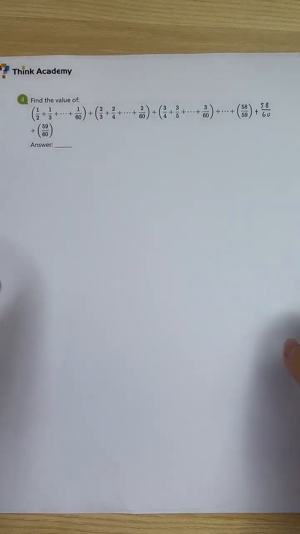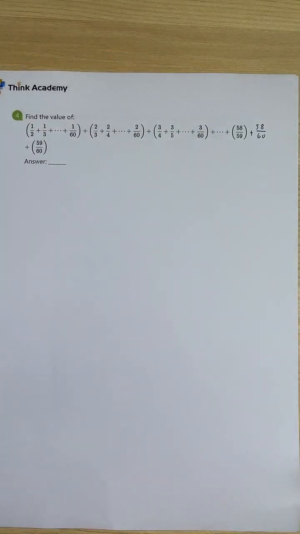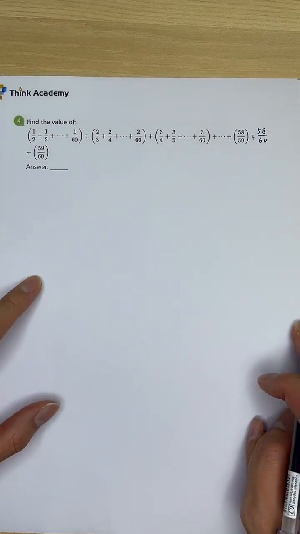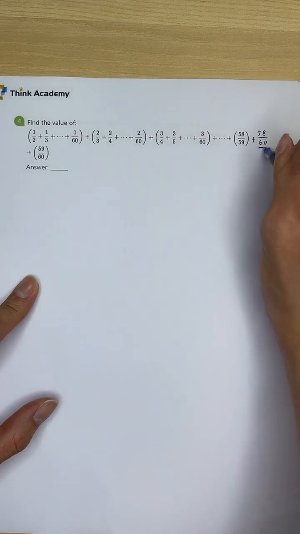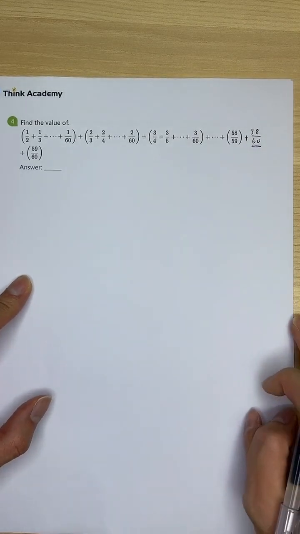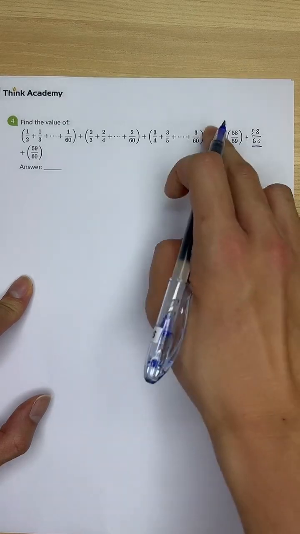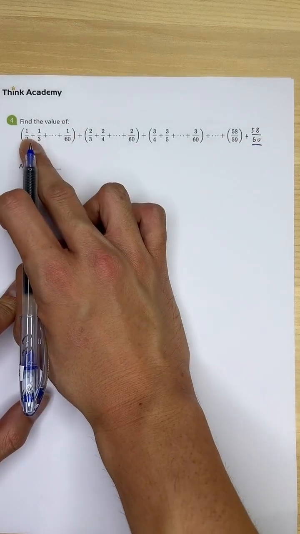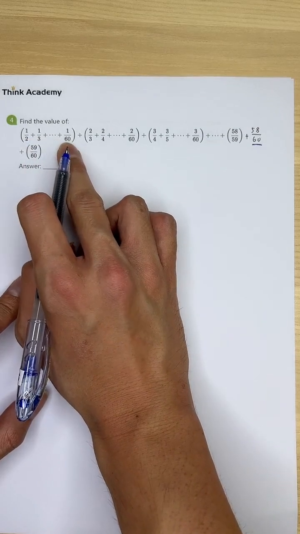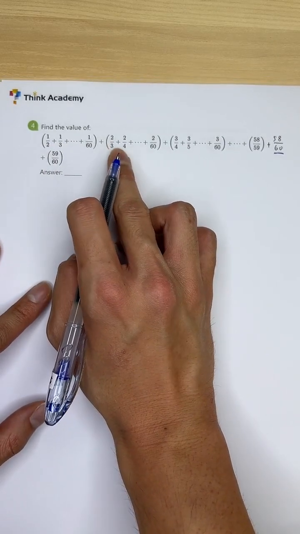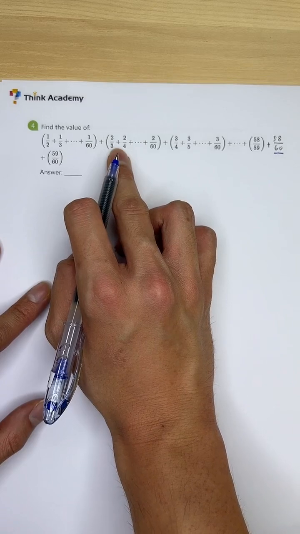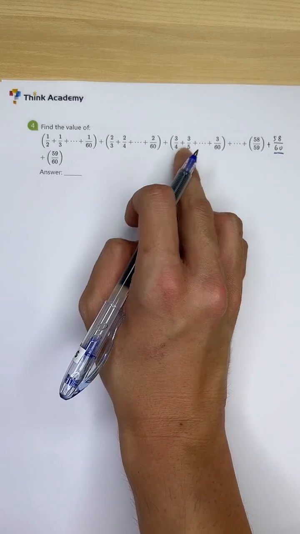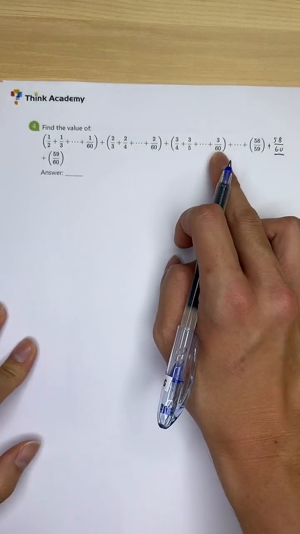Okay, question 4. A little bit complicated over here. My apologies, I would like to talk a little bit about the error over here. There should be a 58 over 59 plus 58 over 60 over here, based on the particular pattern that we have. So we have half plus 1/3 plus all the way to 1 out of 60. 2 over 3 plus 2 over 4 all the way to 2 out of 60. 3 over 4, 3 over 5 all the way to 3 out of 60.